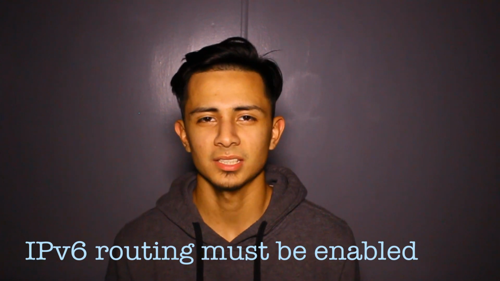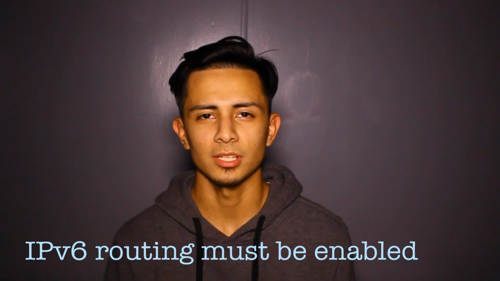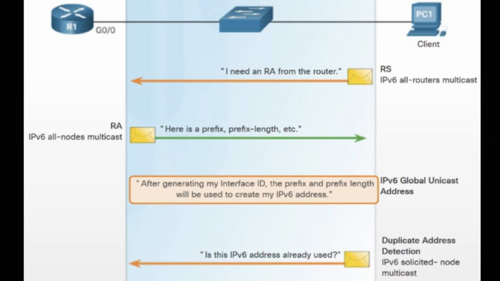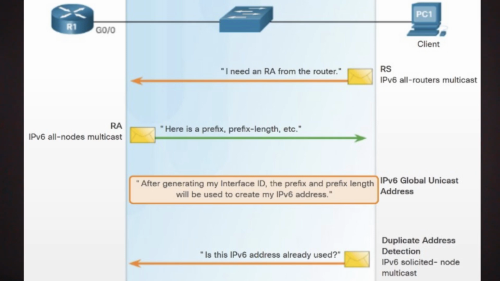Now let me get into SLAAC operation. Number 1, the router must have IPv6 routing enabled, and the command would be ipv6 unicast-routing. Number 2, the PC would send an RS message to all the routers as a multicast address, requesting an RA. Number 3, a router would respond with an RA message that has the prefix and the prefix length of the network.